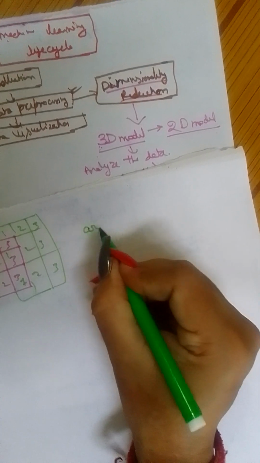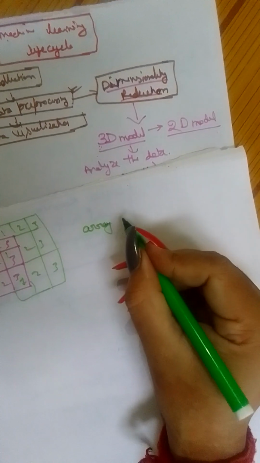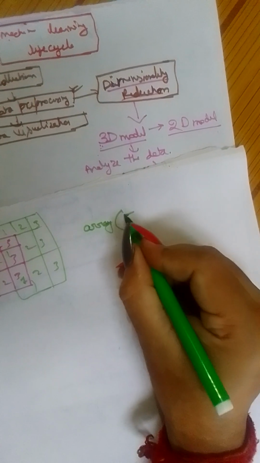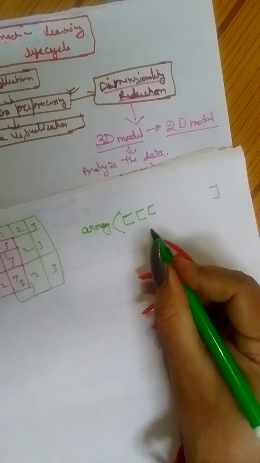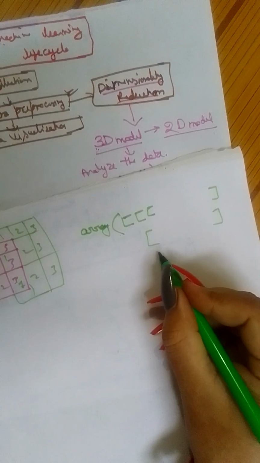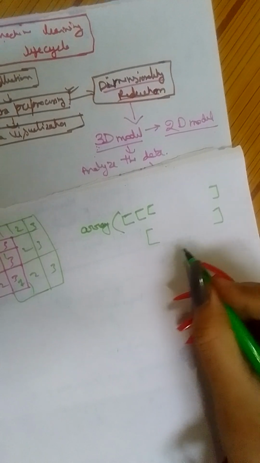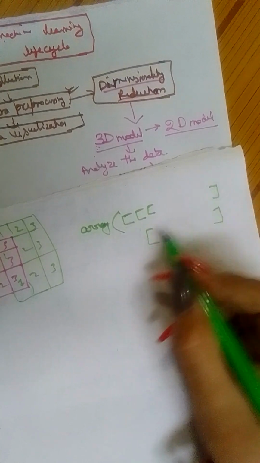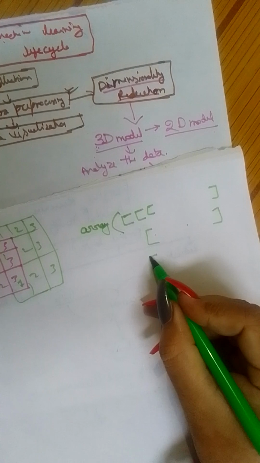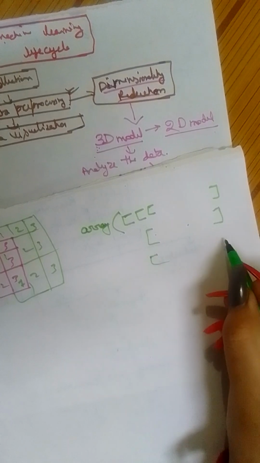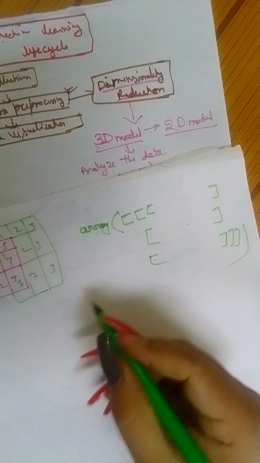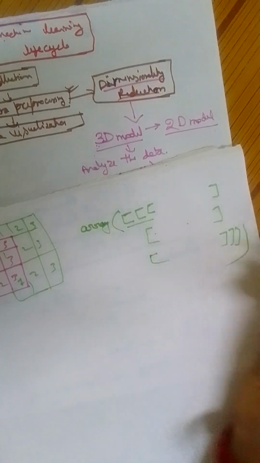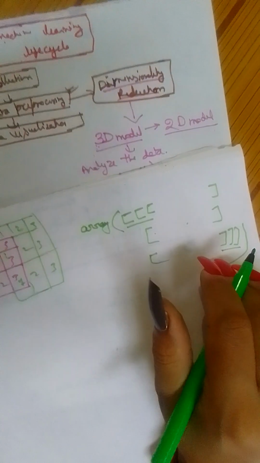So we'll write array here, and we'll start a bracket and we'll do 3 brackets here. Fine. 1 2, fine, and 1 2 3, 1 2 3, 1 2 3, and here comes, fine.